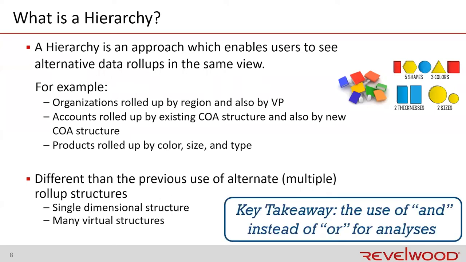Okay, so what are the benefits of doing that? Well, first of all, being able to, of course, see your data along these other consolidation structures. As I said, you can kind of do that without using the new hierarchies feature.